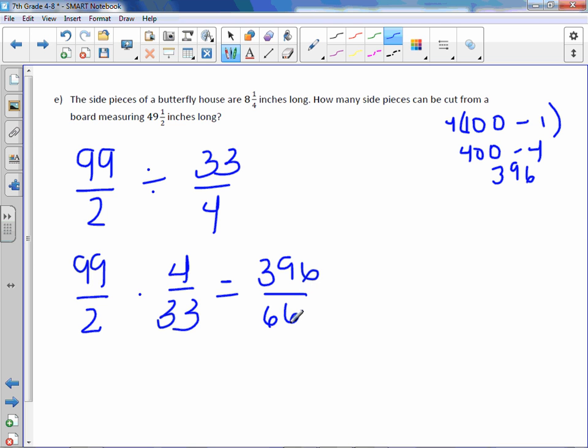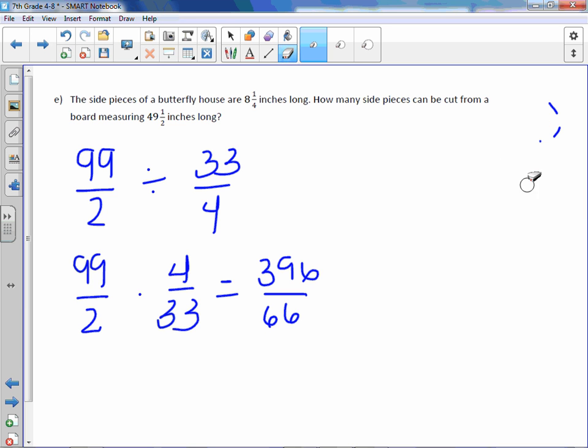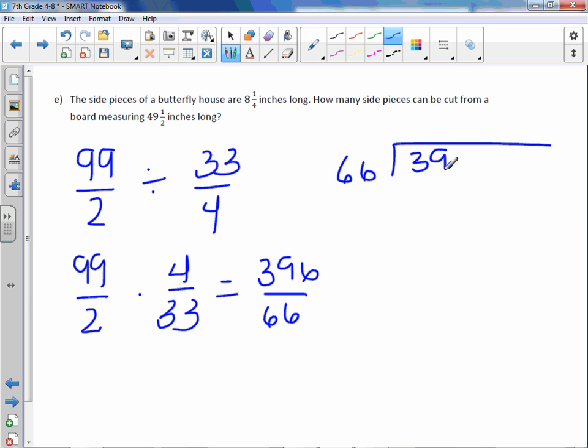You don't have to use mental math to figure this out. You can absolutely just multiply it out. But I sometimes find that mental math can be a little bit quicker and easier. Well, I have to divide here, so let's just change it into a mixed number. 66 into 396. Let's try 5, see where that takes us.